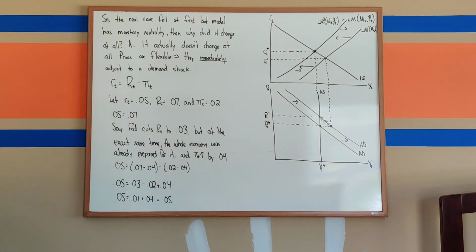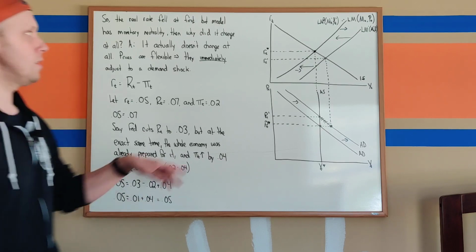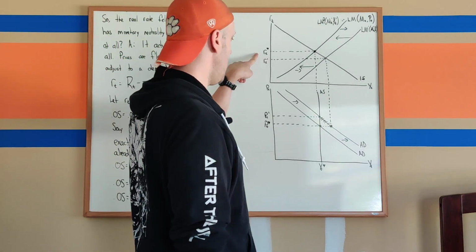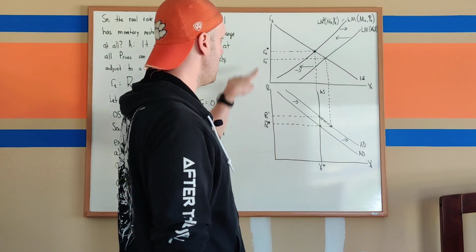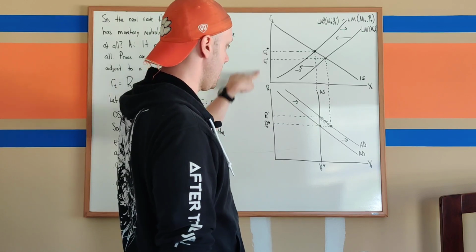So the change in inflation is going to offset the change in the nominal interest rate to leave the real interest rate completely unchanged. So if the real interest rate is completely unchanged, prices increased enough to make sure this thing remained unchanged.